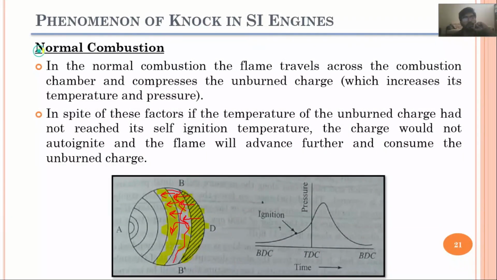So when we are talking about normal combustion, there will be no self-ignition in any of the layers inside the combustion chamber, and the combustion will take place just like this.